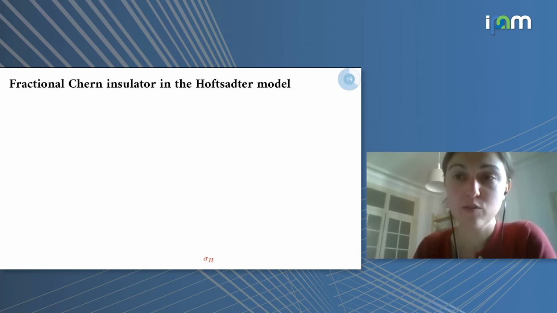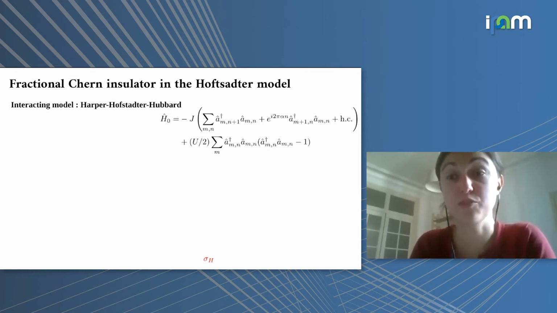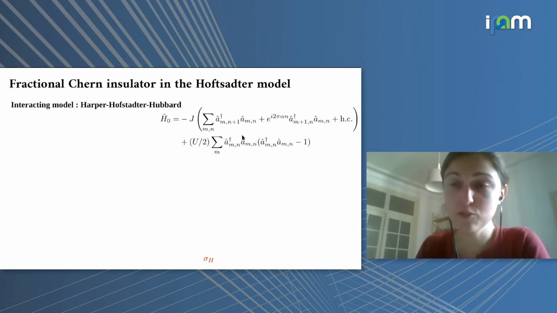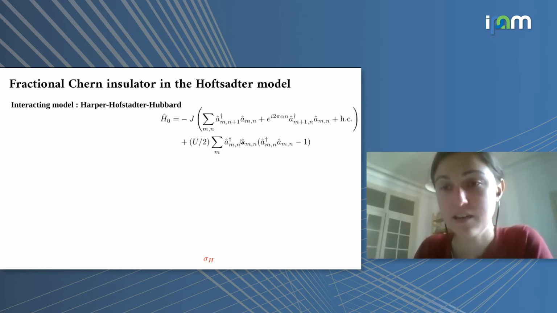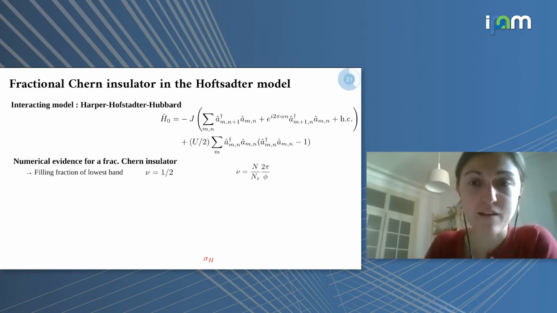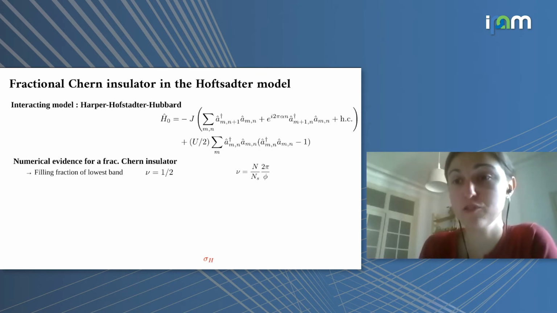Now, here we're considering not just the Harper-Hofstadter model, but the Harper-Hofstadter-Hubbard model, meaning that I'm just adding this Hubbard U interaction to the model. And I'm going to be using bosons in the model, so it's an on-site Hubbard U. So for this model, there's already numerical evidence for a fractional Chern insulator.